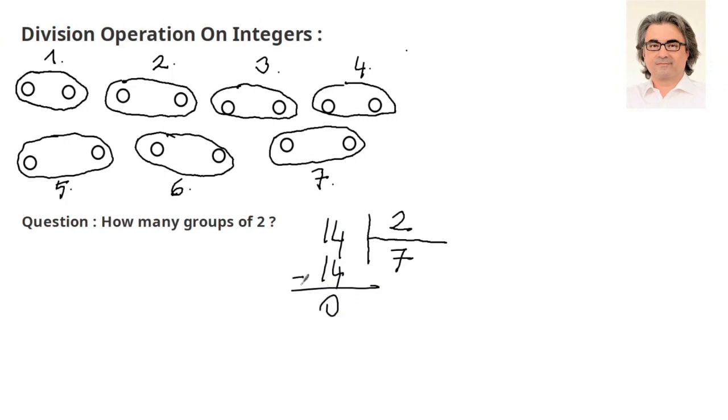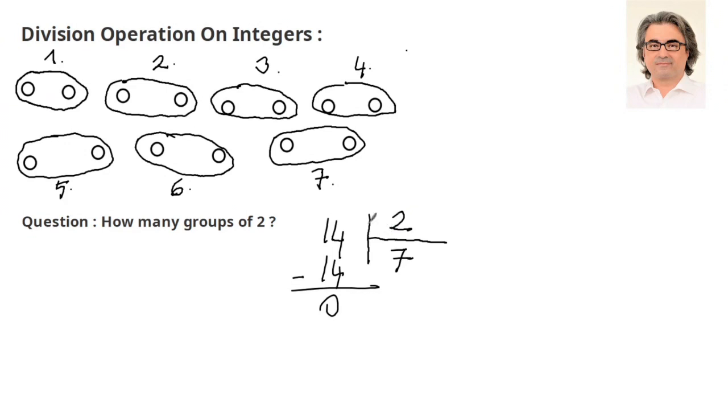Now I made the division operation. Division operation is to make groups having an equal number of objects. Here our object is circle, you know.